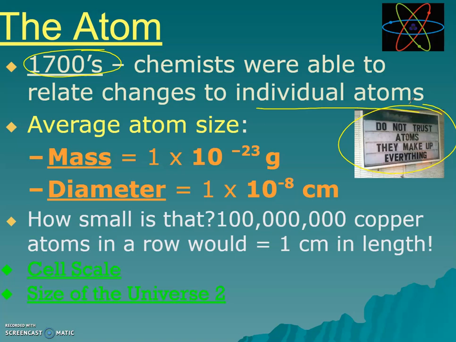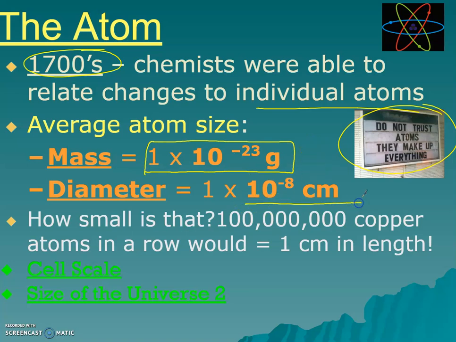In the 1700s, they determined that the average mass of an atom is 10 to the negative 23rd grams, which is inconceivably small.